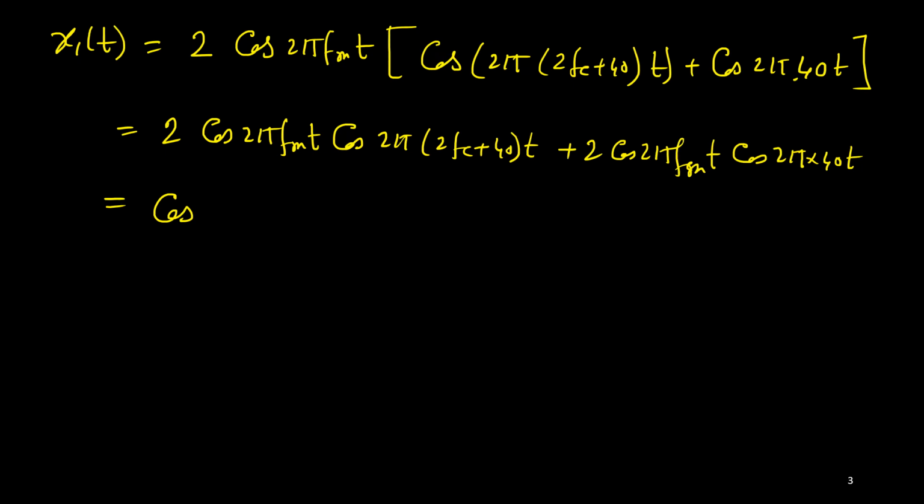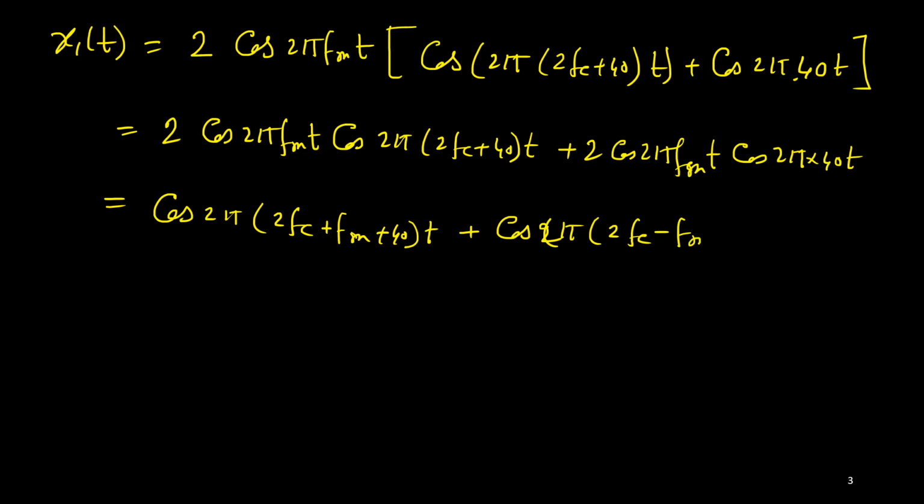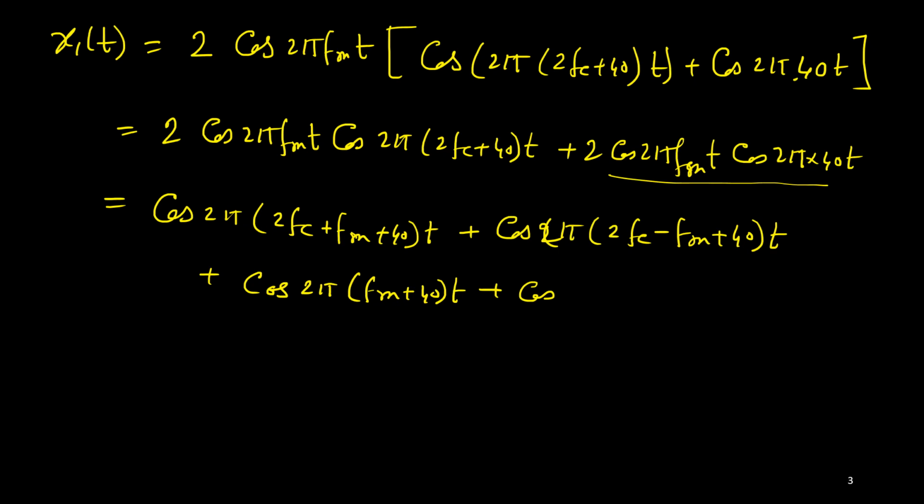So what you will get, the addition of these two is cos 2 pi 2 fc plus fm plus 40 t, plus cos 2 pi 2 fc minus fm plus 40 t. And from the next one, cos 2 pi fm plus 40 t, and cos 2 pi fm minus 40 t.